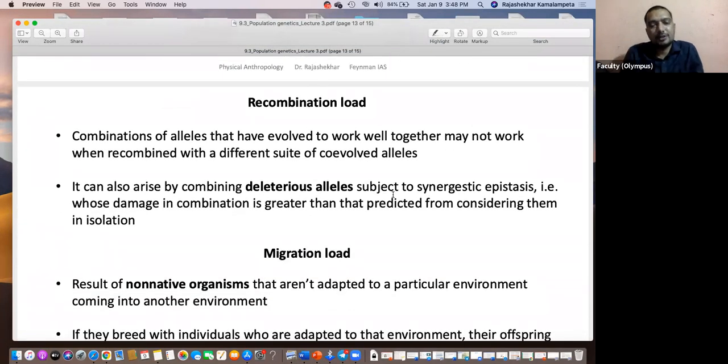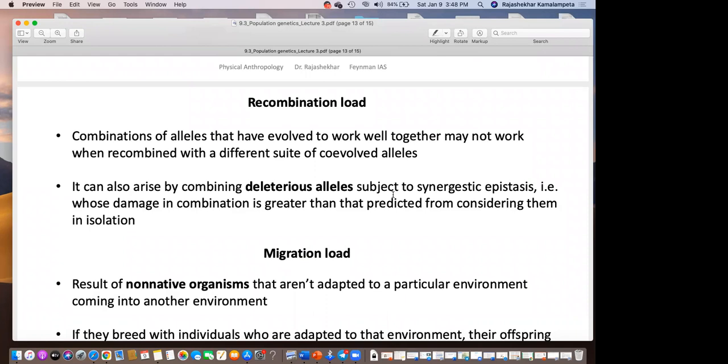Next, recombination load. What is recombination, and where does it happen? Mitosis?